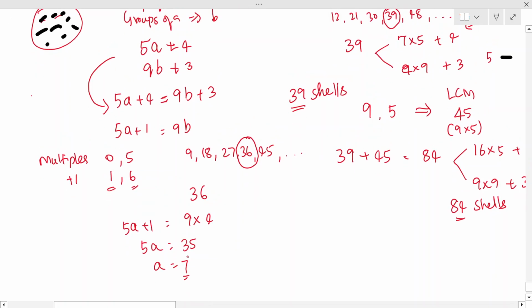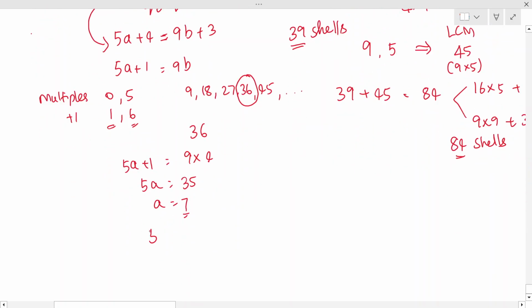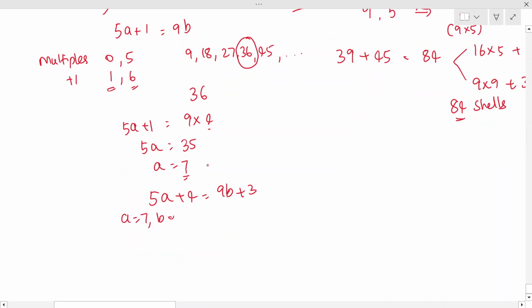So the equation 5a plus 4 equals 9b plus 3 is true when a is 7 and b is 4. So 35 plus 4 is 39, and 36 plus 3 is also 39. So he has got 39 shells.